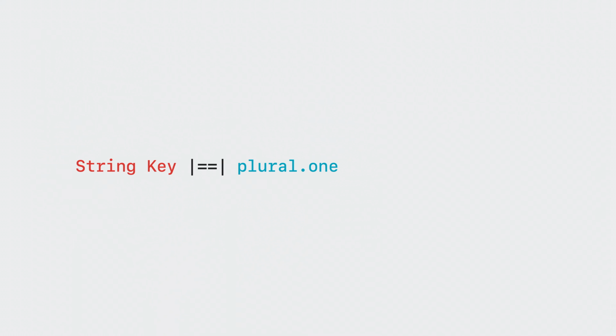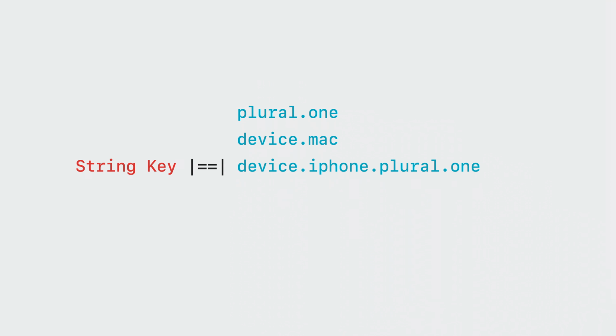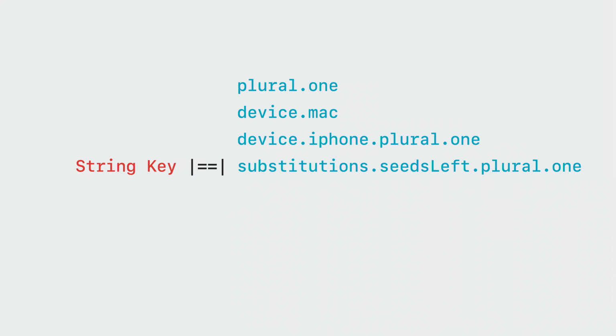This configuration string could be a simple plural specifier, a device specifier, a chain of multiple conditions, or a path to a plural case inside a substitution. Not only should it be easy for automation tooling to read these keys, but we've also designed them to be easy for humans to read and understand at a glance.